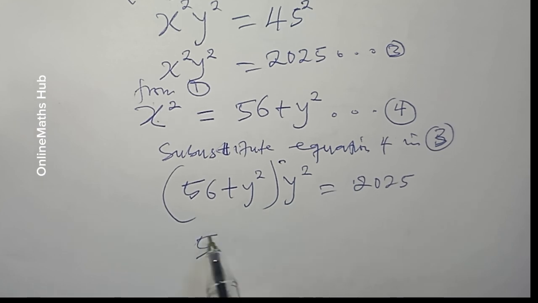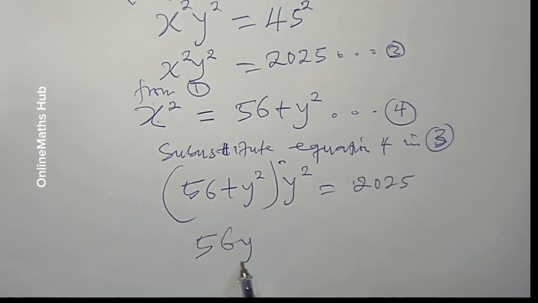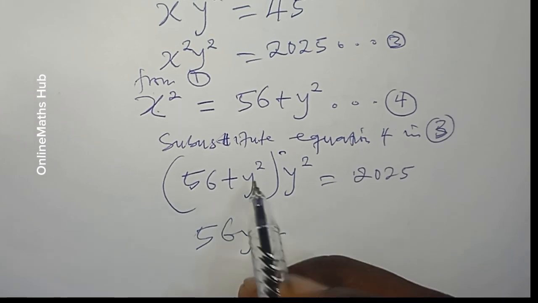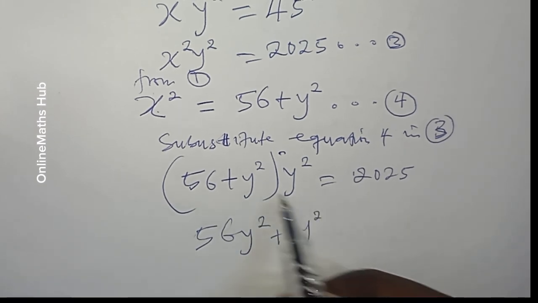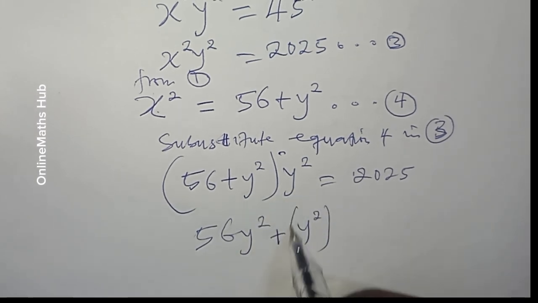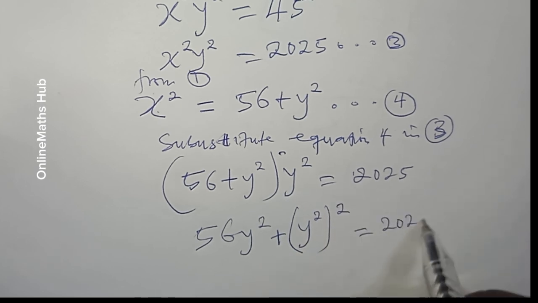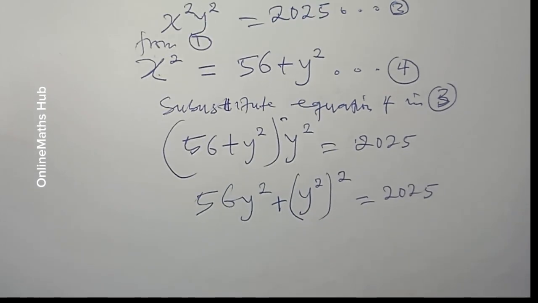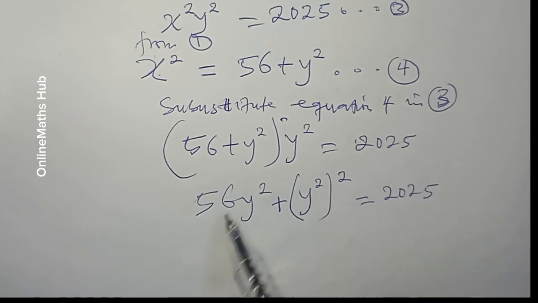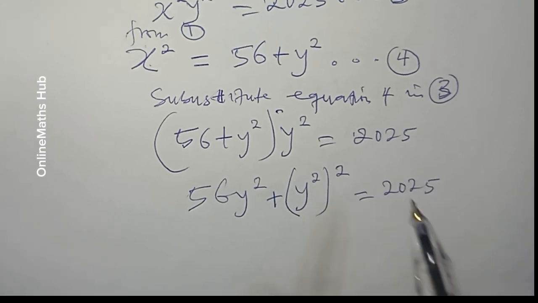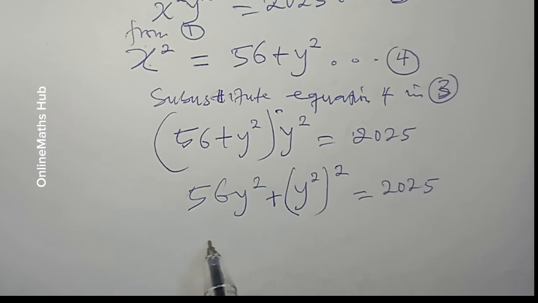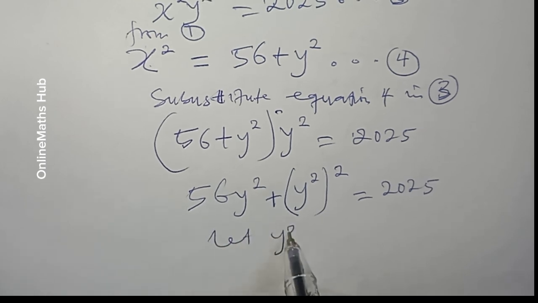When we do that, we have 56 multiplied by y squared, which is 56 y squared, plus y squared multiplied by y squared. Let me write it as (y squared) to the power 2, is equal to 2025. To reduce the power of these variables, I can set y squared equal to, let's say, m.